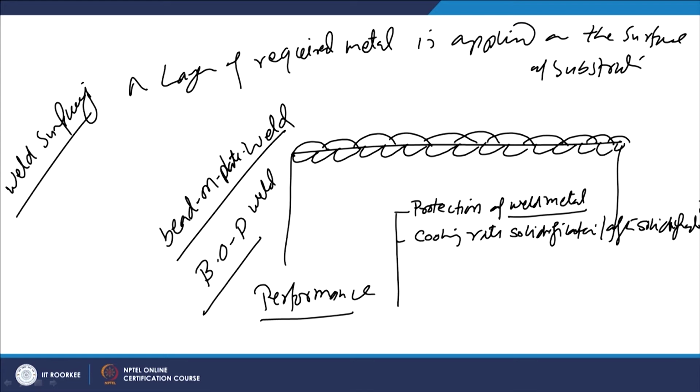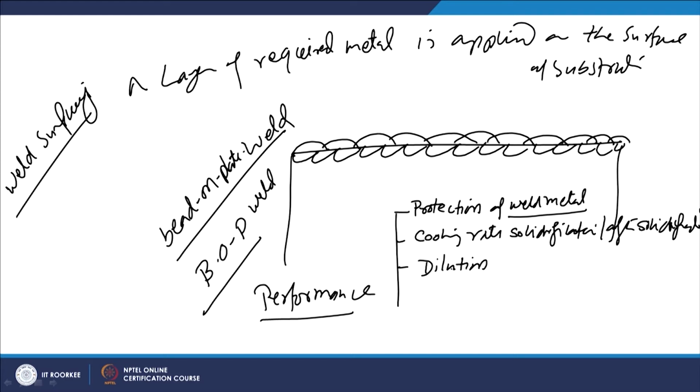Then we have dilution, the change in chemistry of the metal being applied onto the surface of the substrate by fusing both in the case of weld surfacing.